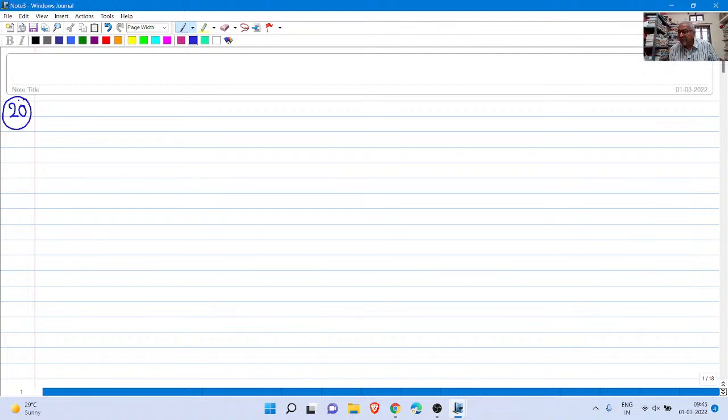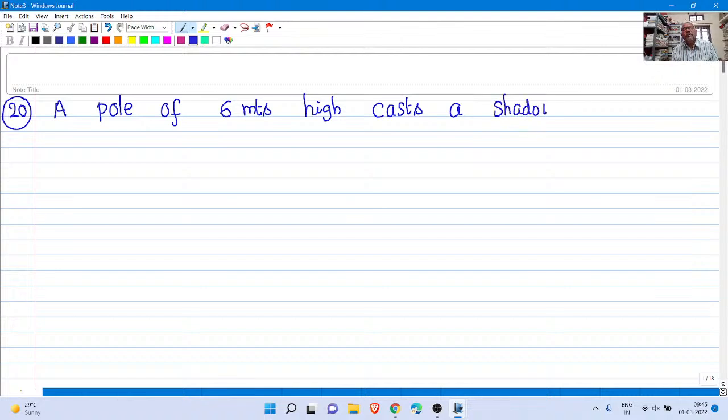A pole of 6 meters high casts a shadow of 2 root 3 meters long on the ground.